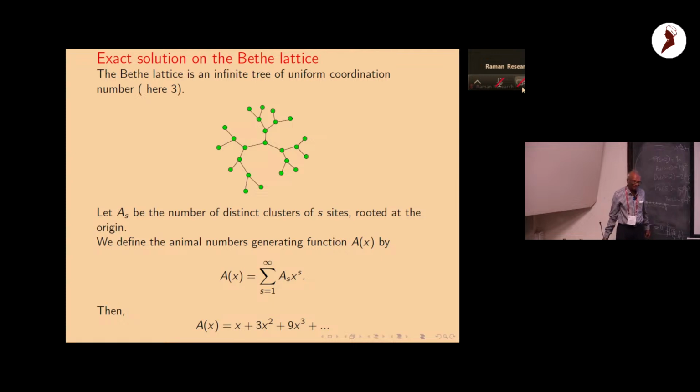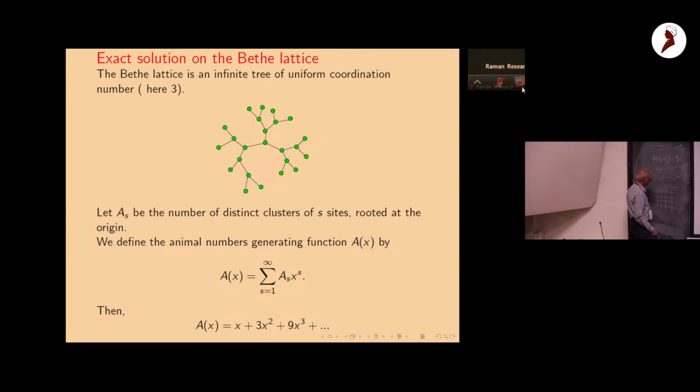Why is it called an animal? Because this problem was being studied by a mathematician called Harary. So Harary was studying the following problem.